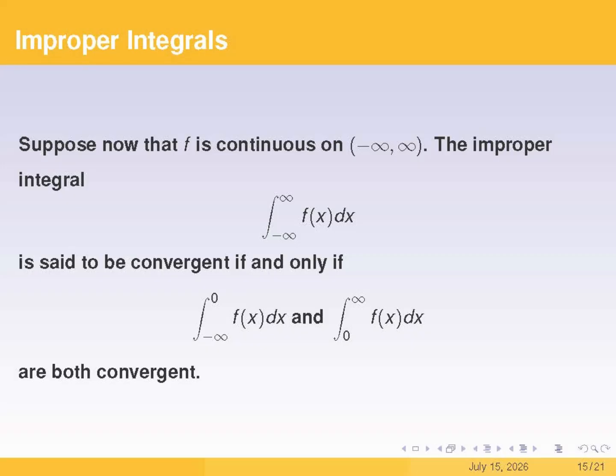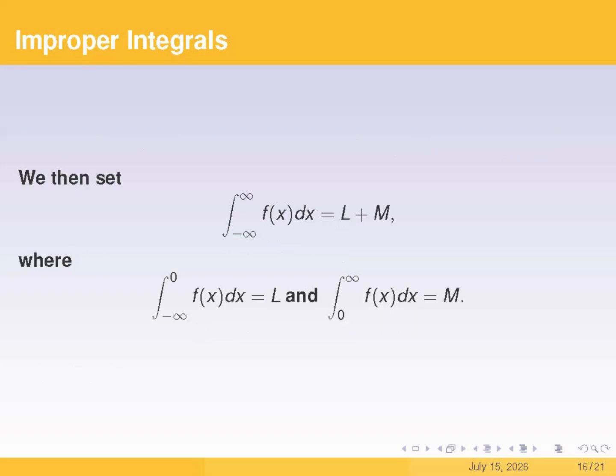If both of these separate integrals converge, then the improper integral of f over the entire real line converges as well, which you can see in the second to last line. This screen shows that if the improper integral from negative infinity to 0 equals L, and the one from 0 to positive infinity equals m, then the improper integral of f over the entire real line is just L plus m.